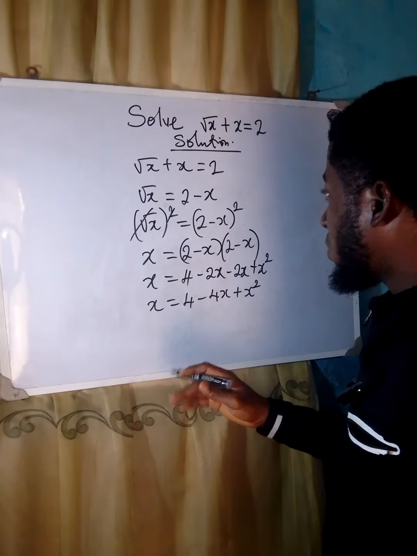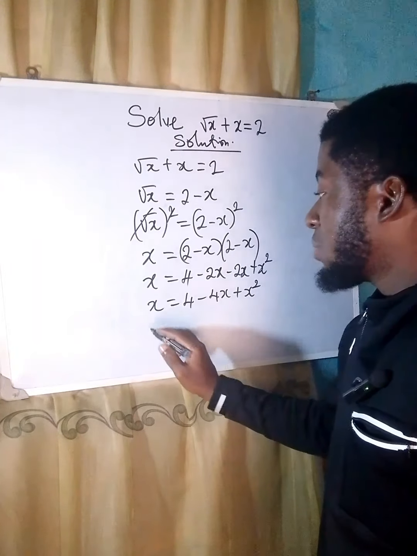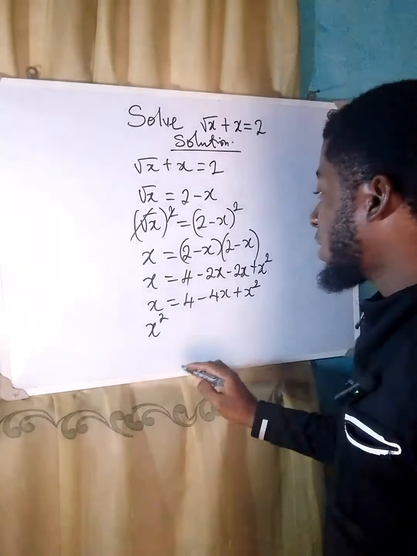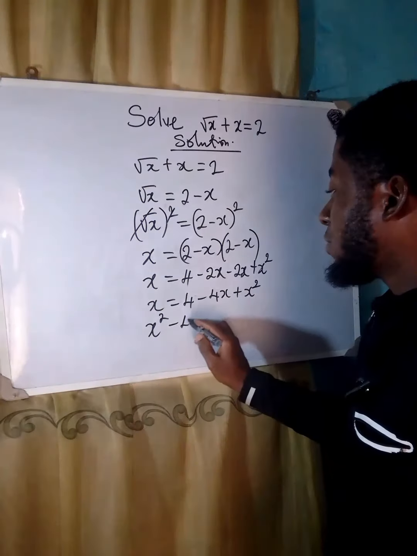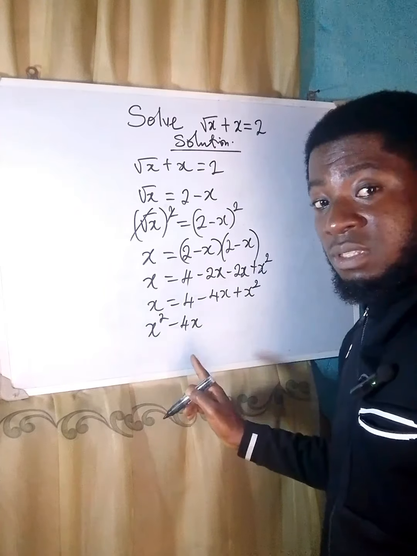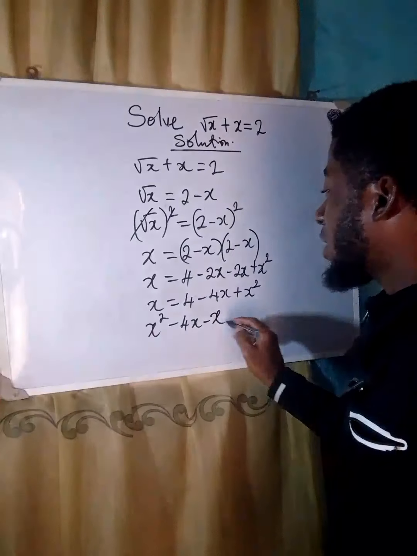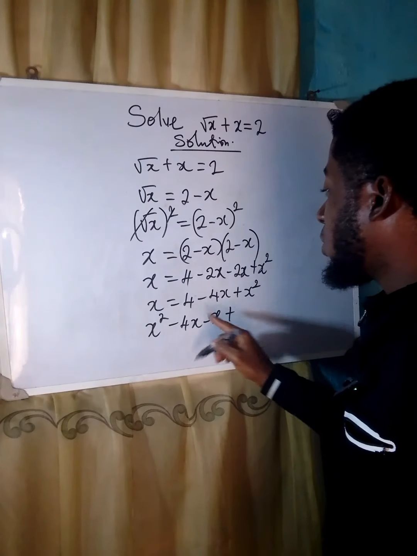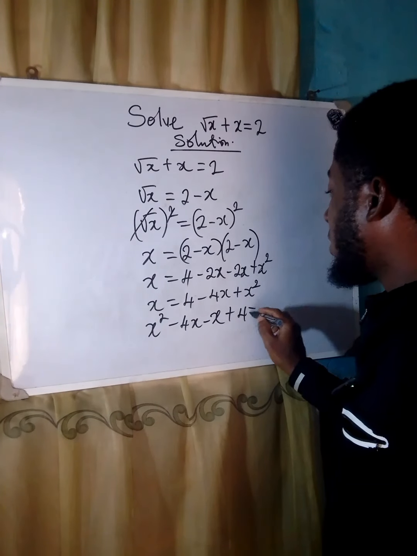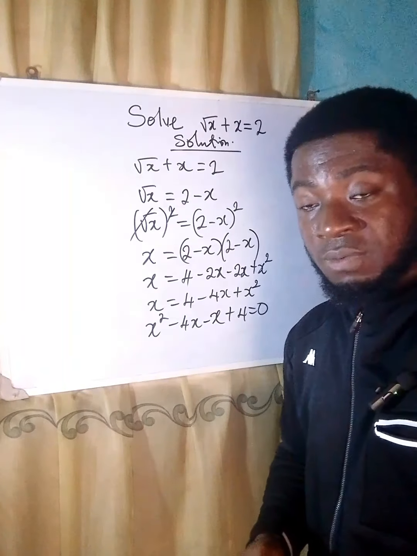So now let us rearrange. The one with the highest power should come first. So that means we are going to have x squared first, followed by minus 4x. Then this x, if it goes to meet the others, becomes negative x. So we'll have negative x here. Then we have plus 4. Everything is equal to 0 because we have moved everything to one side, right?